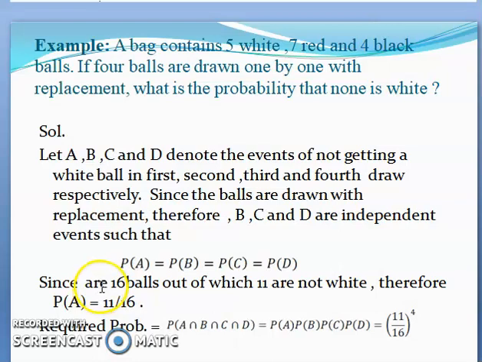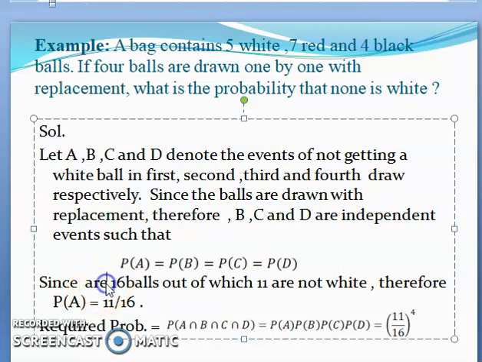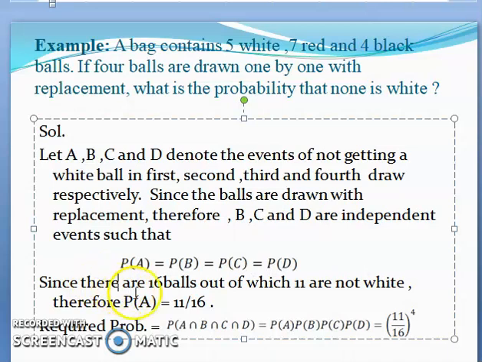Since there are 16 balls, out of which 11 are not white, the probability of A equals 11 divided by 16.